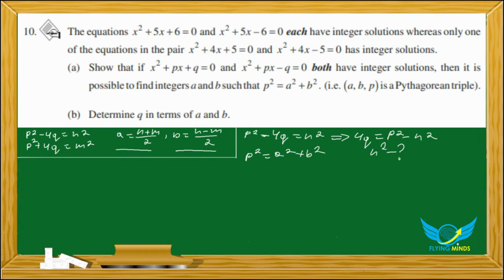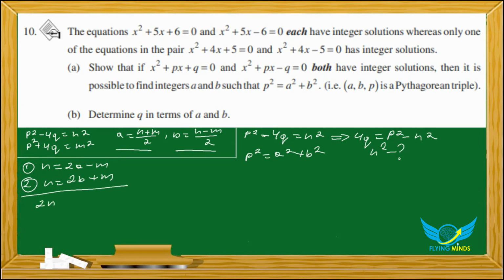So from the first equation, we have n equals what? n equals 2a minus m, and from the second, n equals 2b plus m, right? So we're going to add these two equations.